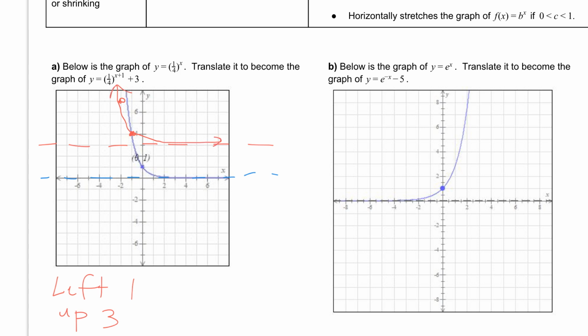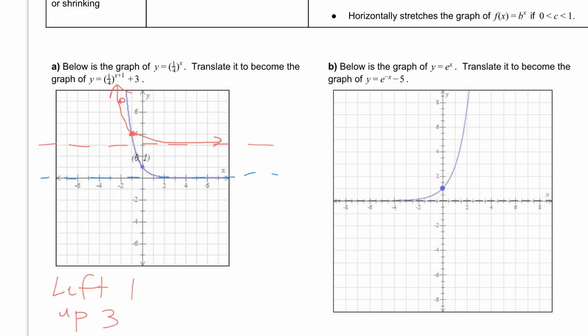We can also do it if we look at letter B. We have the function y equals e to the x. We're going to talk a little bit more about the letter e tomorrow in the notes, but know that e is just a number. It's an approximation, kind of like pi. But if we have our graph y equals e to the x, and we want to do e to the -x minus 5, we want to figure out how this graph is moving.